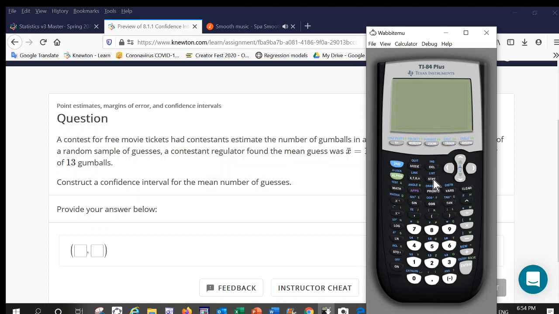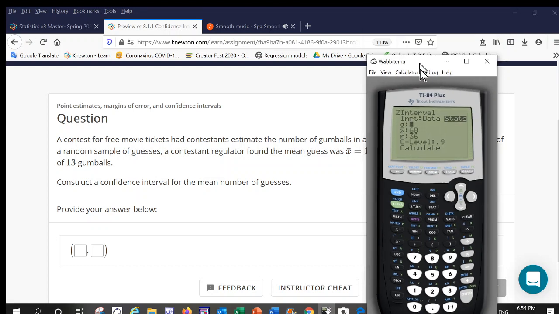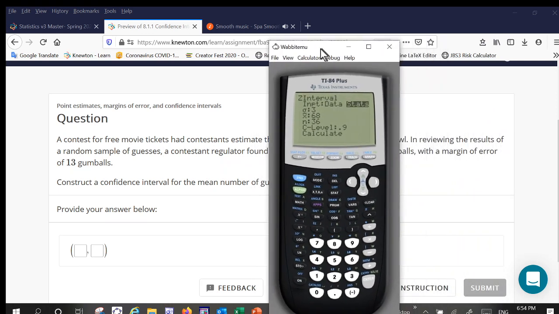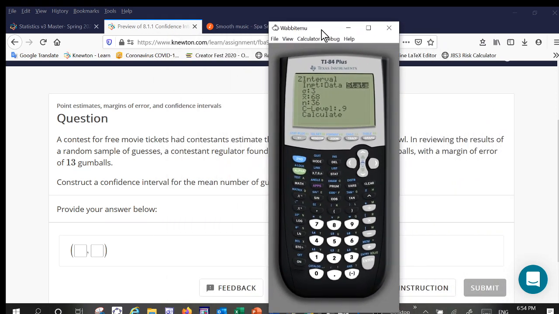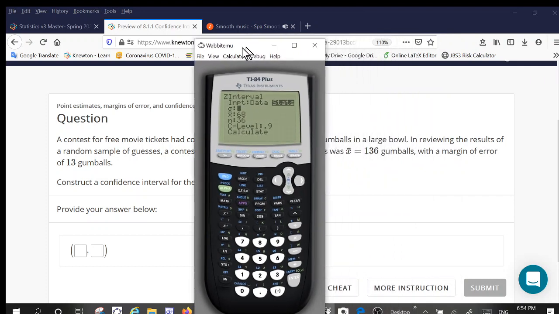So I'm going to go to stat tests, go to Z interval, and pick statistics. Then go down to, okay, what is my sigma, my standard deviation of the population?